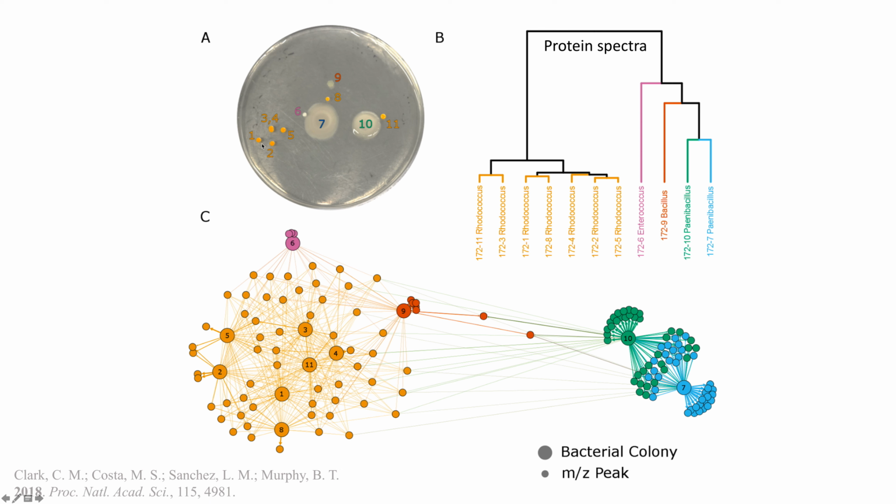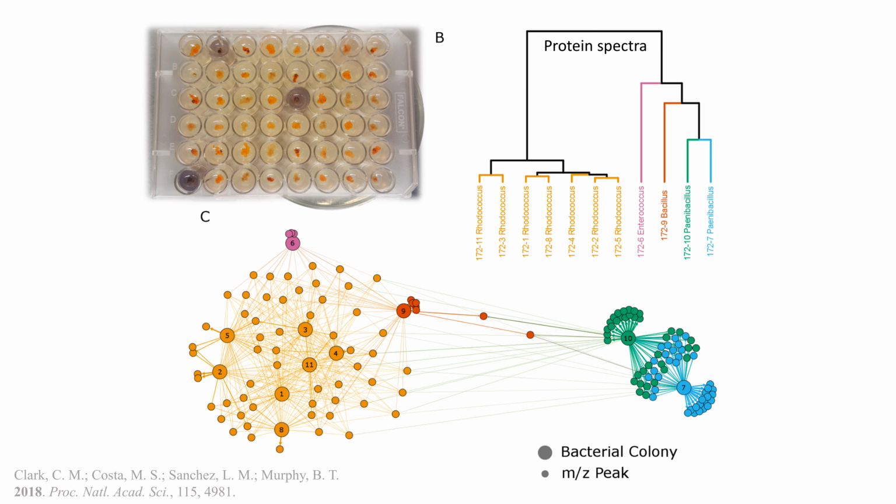So two seemingly identical colonies, such as 2 and 11, maybe they're identical, but because they're in different environments on the agar plate, the natural product production would seem different. So it's very important we do this step. We isolate each individual colony, get it growing in the same media, on the same time scale, into individual wells of a multi-well plate. And it's from here that we do the analysis.